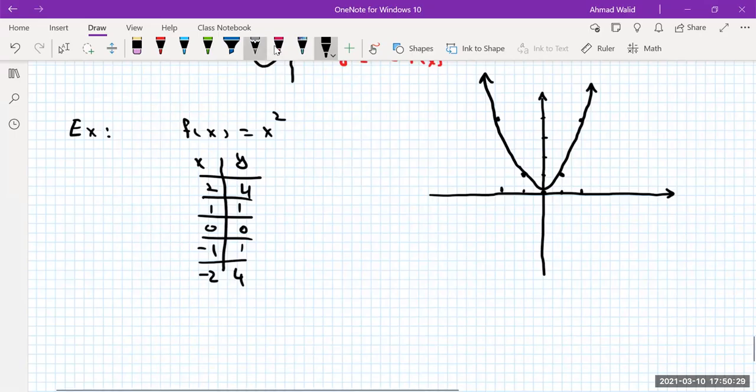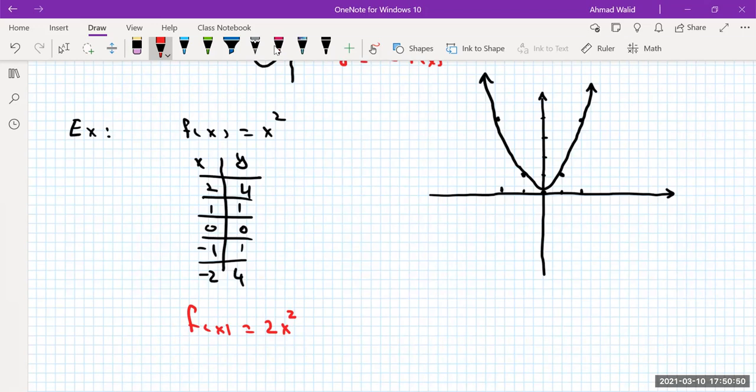If someone is asking me to graph f of x equals 2x squared, correct? 2x squared. Here I have a vertical stretch.